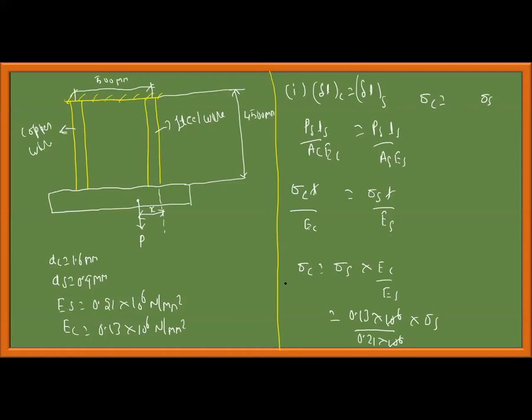And it is also given that the rigid plate has to remain horizontal. This plate has to remain horizontal, and hence the deformation in steel should be the same as the deformation in the copper material. That is, deformation remains the same throughout.